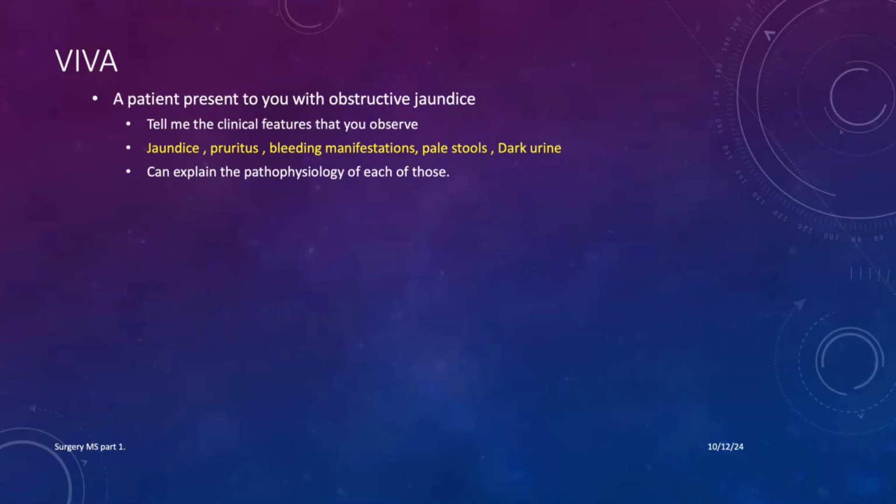Is it a fat soluble vitamin, or how is it being absorbed from the intestine? Yes, it is a fat soluble vitamin, so in the absence of bile salt, it leads to reduced vitamin K levels and clotting factor deficiency.